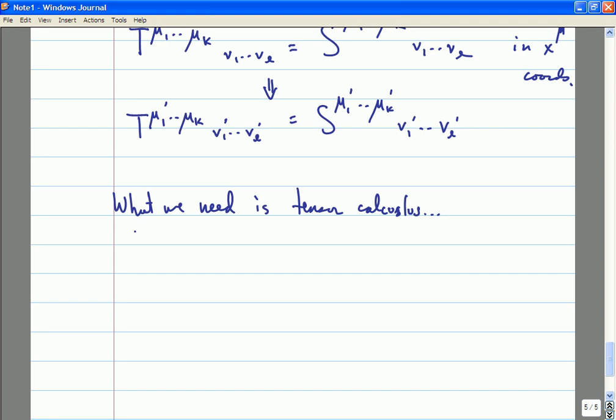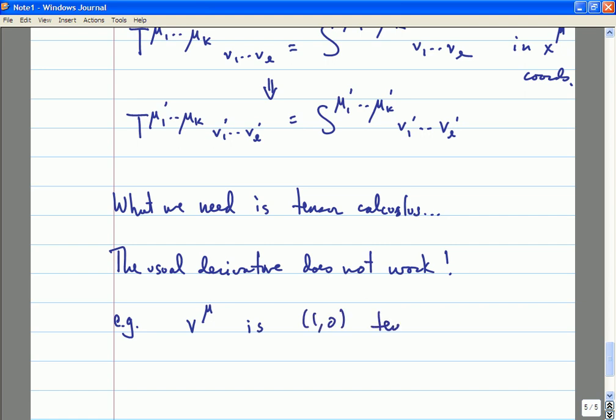This is tricky because the usual notion of derivative will not work. So, for example, let's imagine that we have a vector, V^mu. That's got one upper index. So it is a (1,0) tensor.